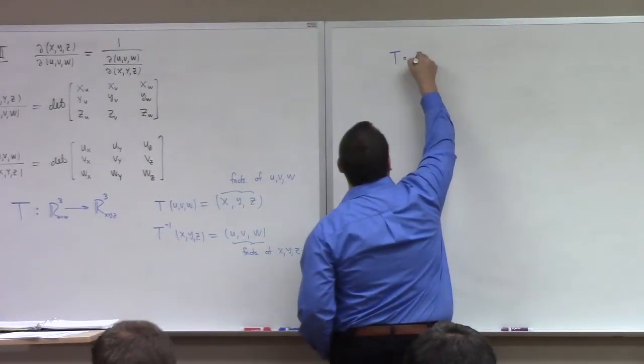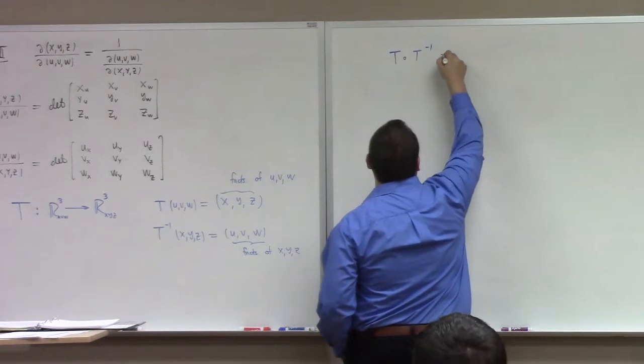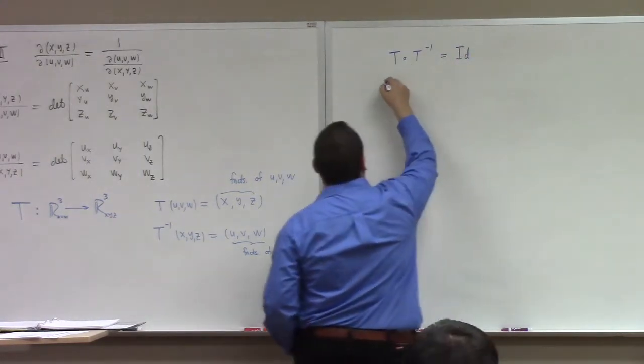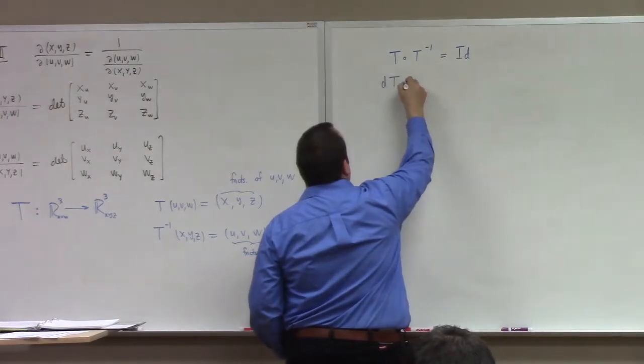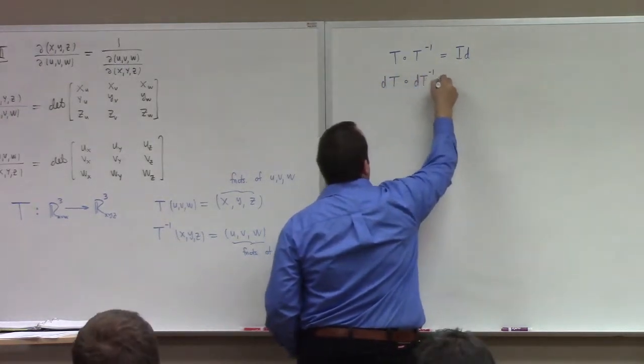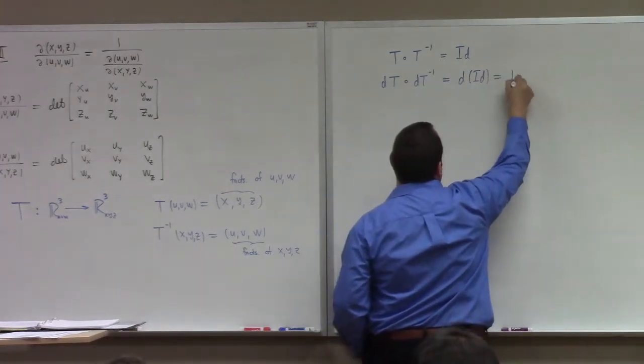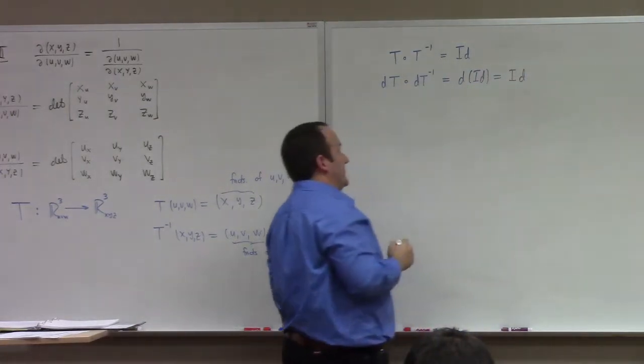What's the composite of T with T inverse? It is the identity, which means that the differential of T composed with the differential of T inverse is equal to the differential of the identity, but that is the identity again, because the identity is a linear transformation.